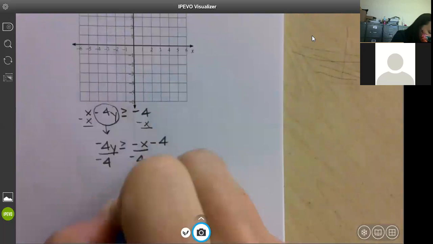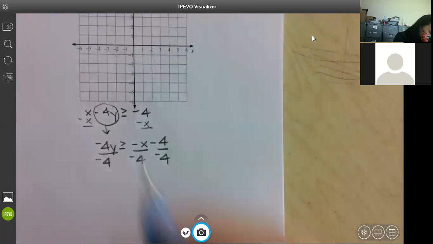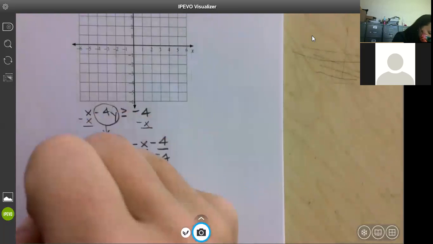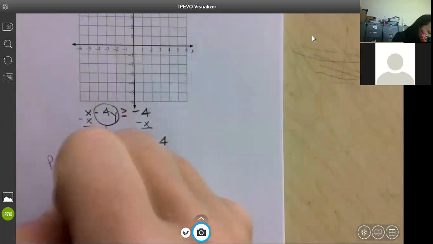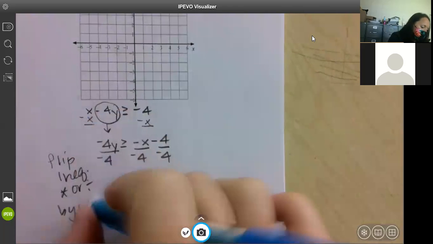What happens when I divide an inequality by a negative number? I have to flip the inequality sign. Has everybody got it? So watch that. Flip the inequality when you multiply or divide by a negative.